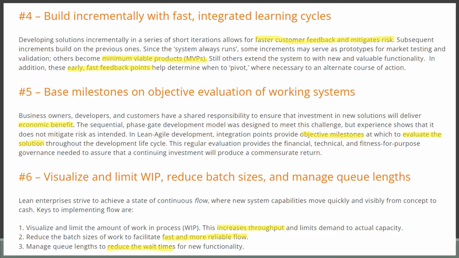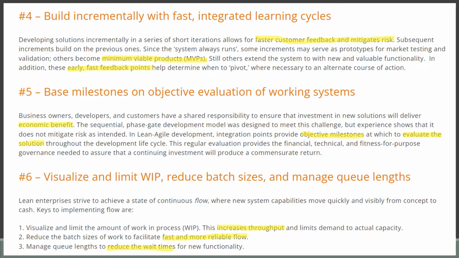The sixth principle is visualize and limit WIP, reduce batch size and manage queue lengths. So it is exactly the concepts of Kanban and Lean, which focus on continuous flow. A Kanban board can be used for visualizing.